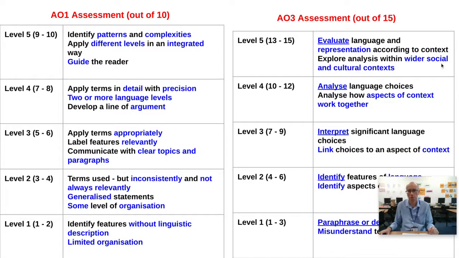The other thing to get the very highest mark is this one here: wider social and cultural contexts. So when you're looking at a current day text, what makes this a current day text? And when you're looking at an older text, how does that give us a window into society at the time, the way that people thought in those days?